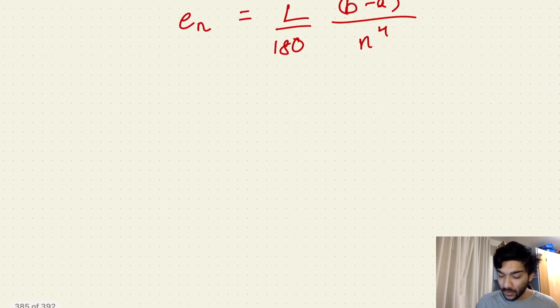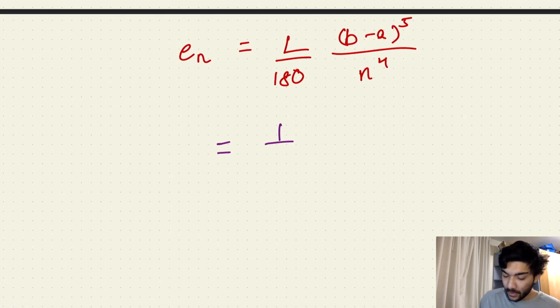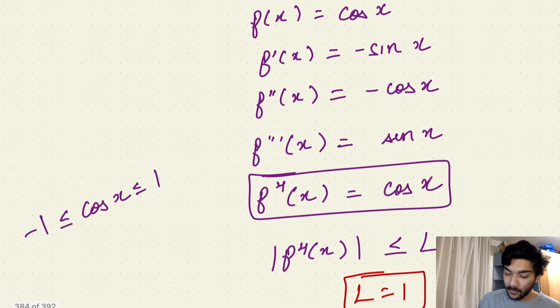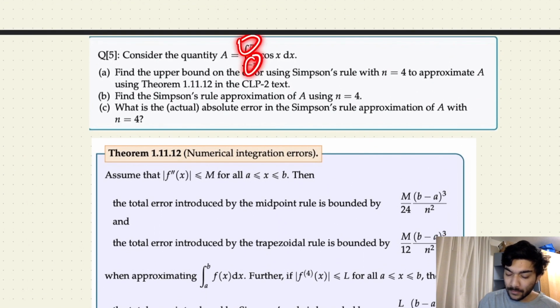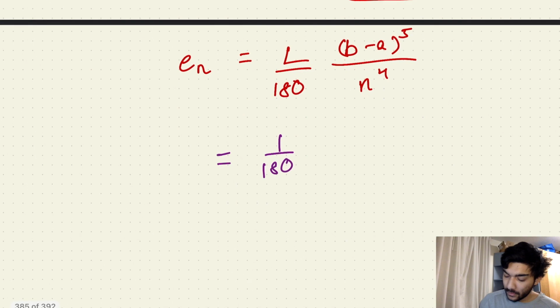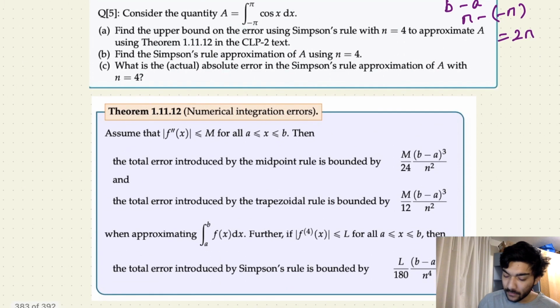Now we'll plug in all the values that we know. L is 1, so it would be 1 over 180, b minus a, where b is pi and a is minus pi, so b minus a would simply be pi minus minus pi, which is 2 pi. So (b minus a) is 2 pi to the power 5, over n, which is given in the question as 4 in this case.